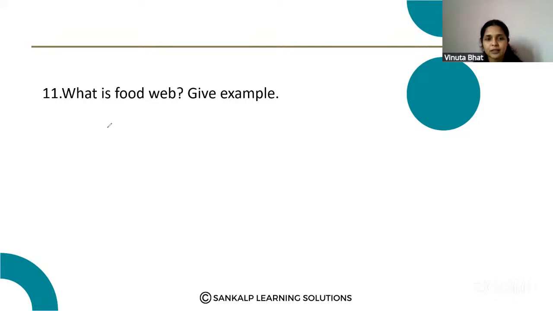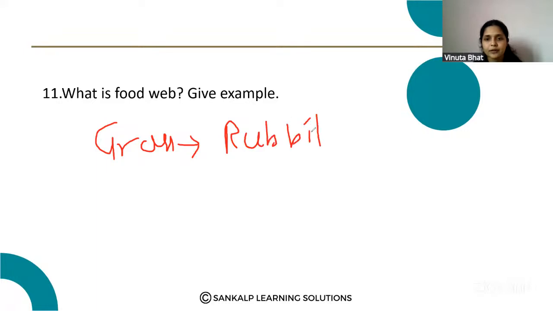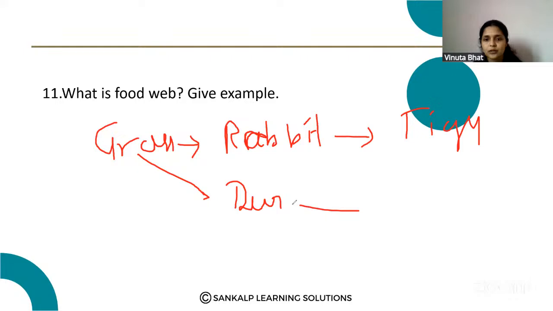For example, grass. Grass is consumed by the rabbit. So in the particular ecosystem, the rabbit is consumed by the tiger. And the grass is consumed by the deer also, and it is also consumed by the tiger.